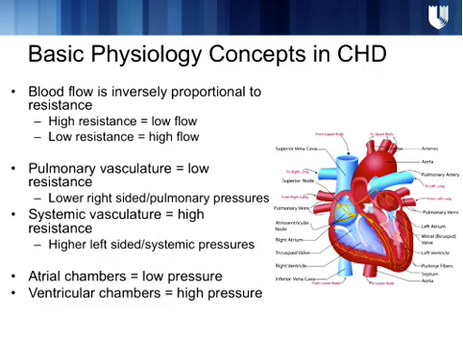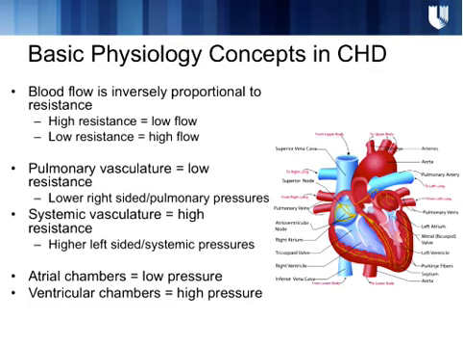If you have a low resistance, such as the pulmonary circuit, you will have higher flow. So the pulmonary vasculature is a lower resistance circuit than the systemic vasculature. So if there is a hole in between them, blood will preferentially flow towards the lower resistance side.